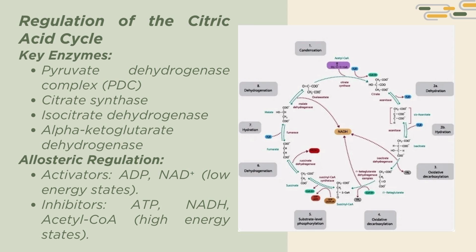These enzymes are regulated by allosteric control, meaning that molecules like ADP and NAD plus activate the cycle when energy is low, while ATP, NADH, and acetyl-CoA inhibit it when there's plenty of energy. This feedback mechanism helps the cell respond to its energy needs by either ramping up or slowing down the citric acid cycle.